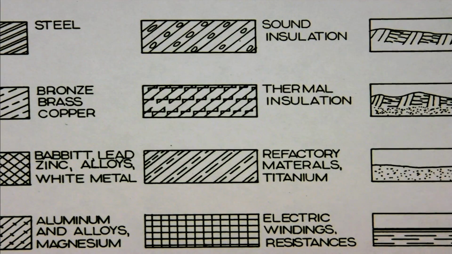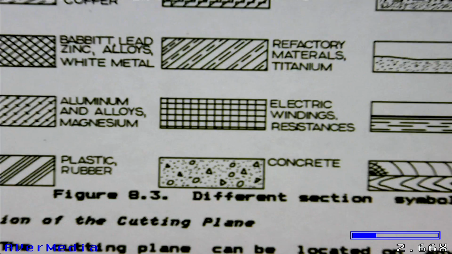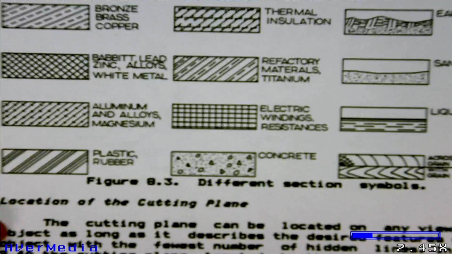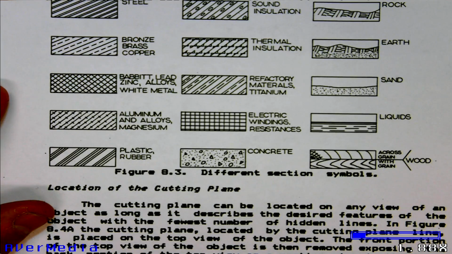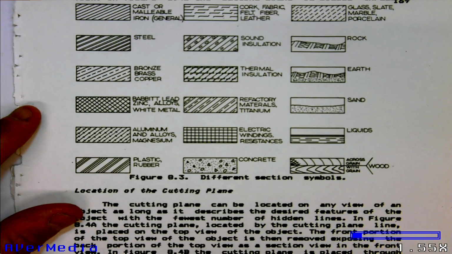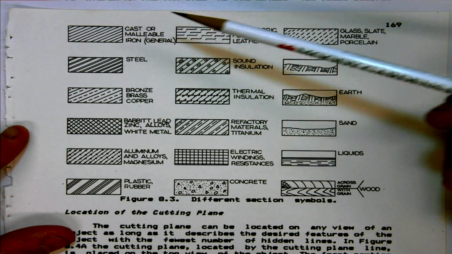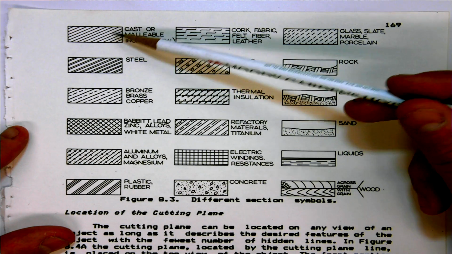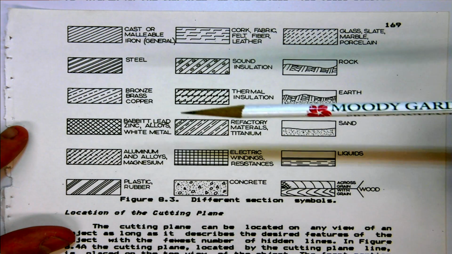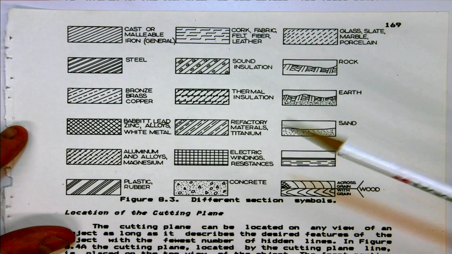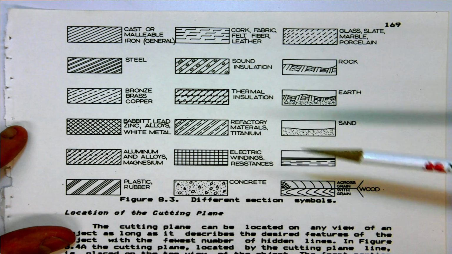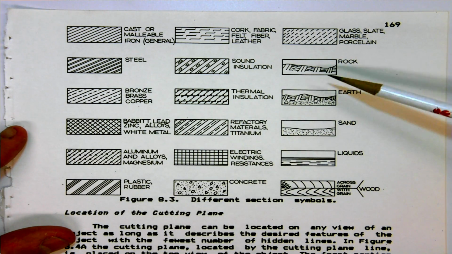In old drawings, you might see several different styles of showing what kind of material there is. Most of what you're going to see are materials such as cast iron, steel, maybe bronze or brass. But a lot of the other ones you can see in architectural applications: sand, earth, rock.